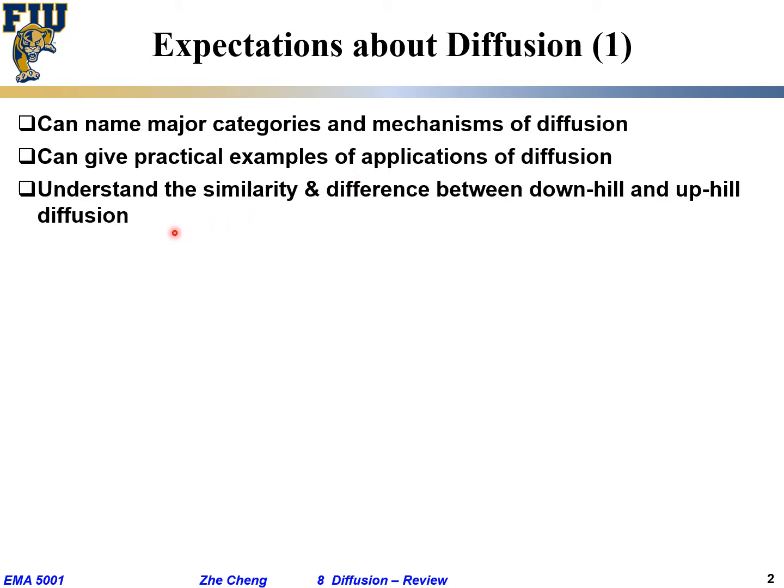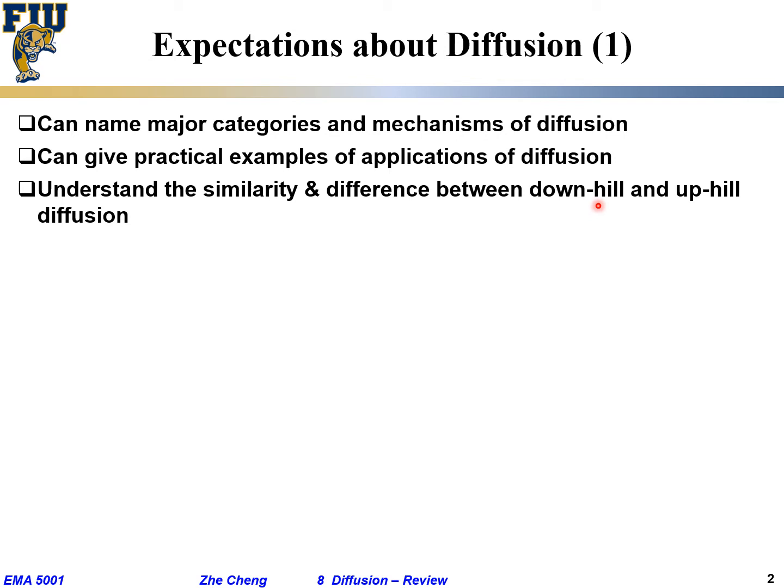Okay, I also expect the students to be able to understand the similarity and difference between uphill diffusion and downhill diffusion. Again, in terms of similarity, both of these processes are driven by the underlying chemical potential for the microscopic species, atoms, or molecules involved. The difference, of course, is from the concentration point of view.